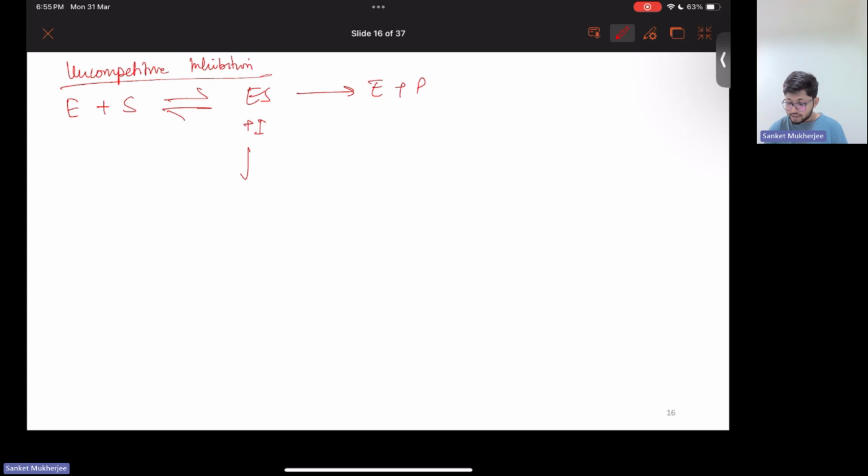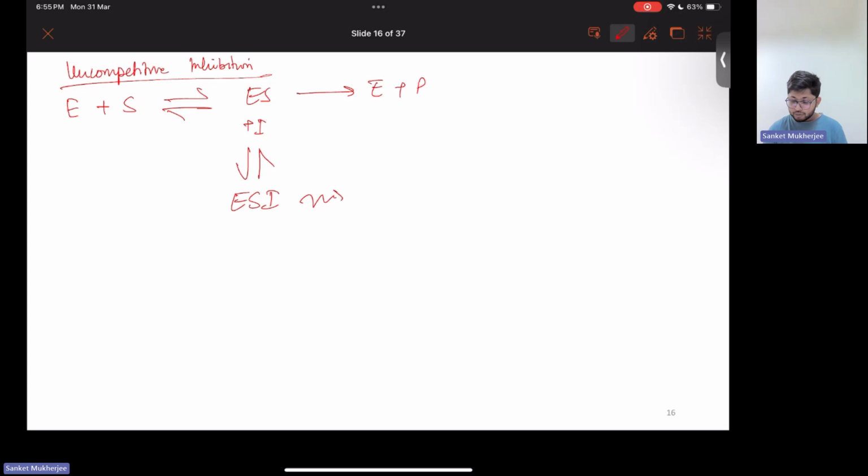Then there is something called uncompetitive inhibition. So what happens? The inhibitor only binds to the enzyme substrate complex. So enzyme plus substrate gives you enzyme substrate complex, which gives you enzyme plus product, and the inhibitor only binds here, right?